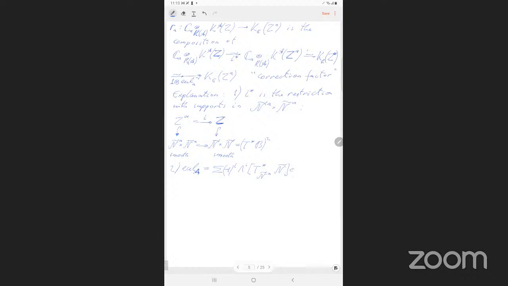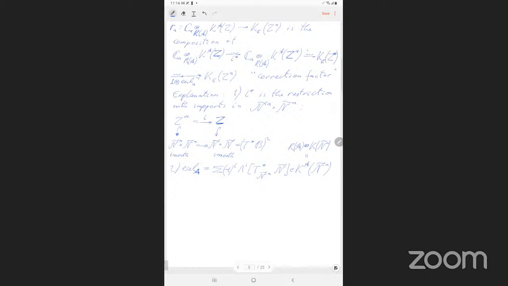Okay, and this is an element in the equivariant K group of this fixed point set. And again, since the action of A on the fixed point set is trivial, this is nothing but the representation ring of A tensor the non-equivariant K theory of the fixed point set. Okay, this is the usual definition of the Euler class. We already mentioned it a few times before.